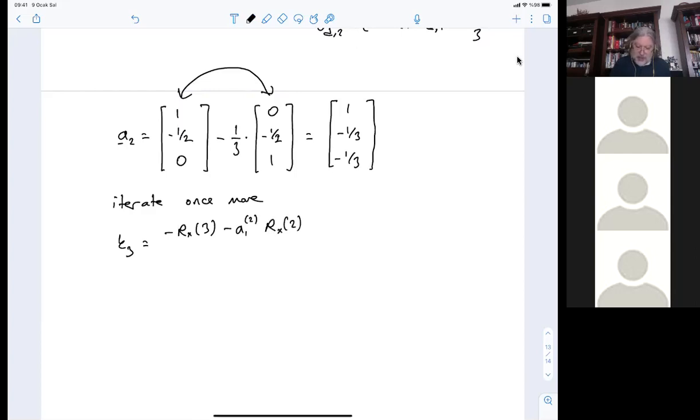What is this A2 of 1? It is this minus 1 over 3, by the way. And then minus A2 of 2, which is also minus 1 over 3, by the way. This is the first filter coefficient, negative of the filter coefficient. This is the second filter coefficient, negative.